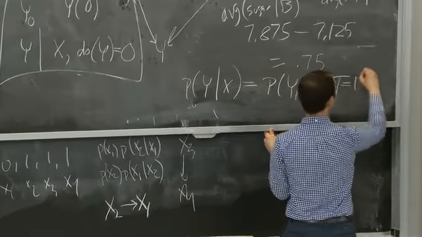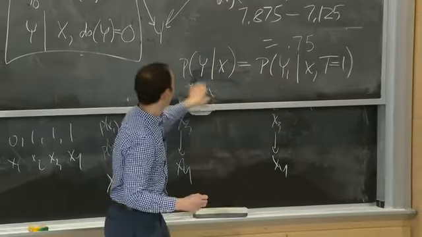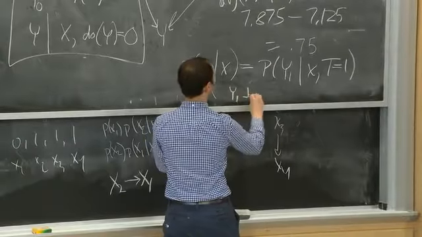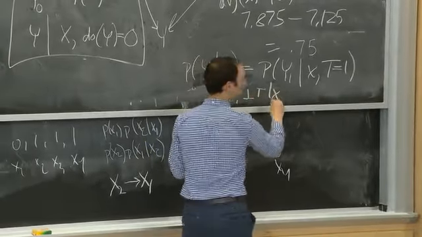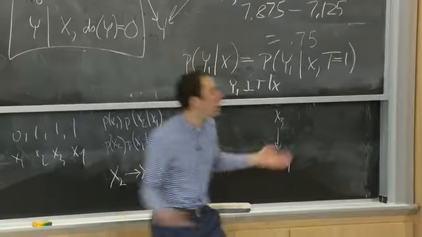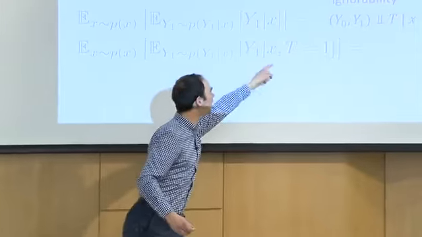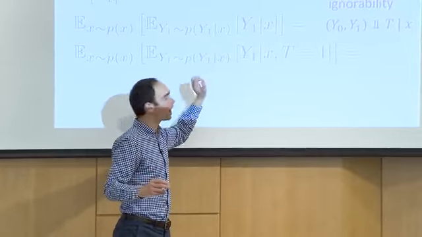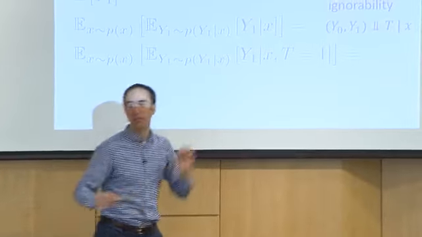In this case, I'll say T equals 1. This is implied by Y1 being conditionally independent of T given x. So I can just stick in comma T equals 1 here, and that's explicitly because of ignorability holding.